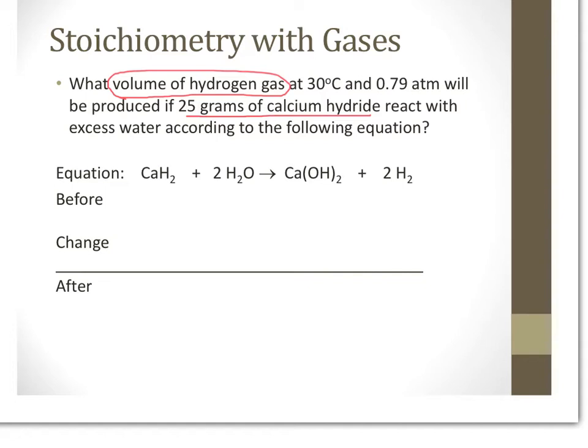So much like we did with BCA tables, since we have units of grams, the very first thing we need to do is get into units of moles. And grams is related to moles using the molar mass. So I'm going to come off to the side, 25 grams of calcium hydride, CaH2. We need to figure out the relationship between grams and moles is molar mass, so the grams in 1 mole.